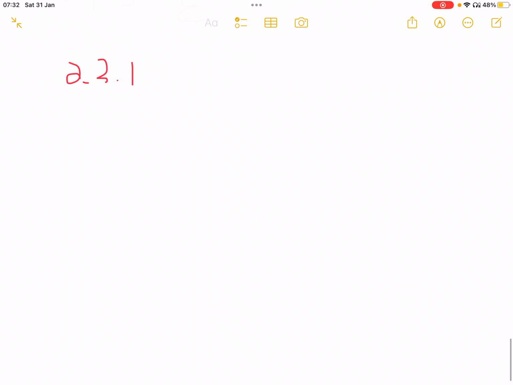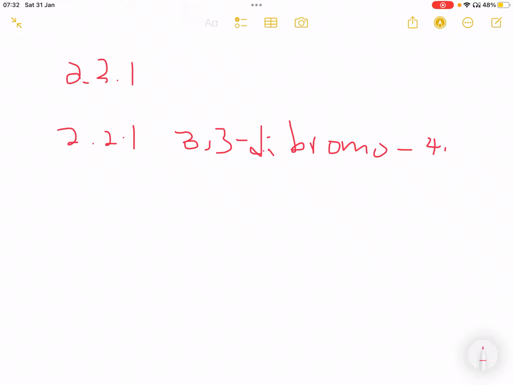So 2.2.1, oh, I'd already written it. So we had in carbon number 3, 2 bromo, so it's dibromo, and in carbon number 4, we had 2 methyl, so it's dimethyl hexane.